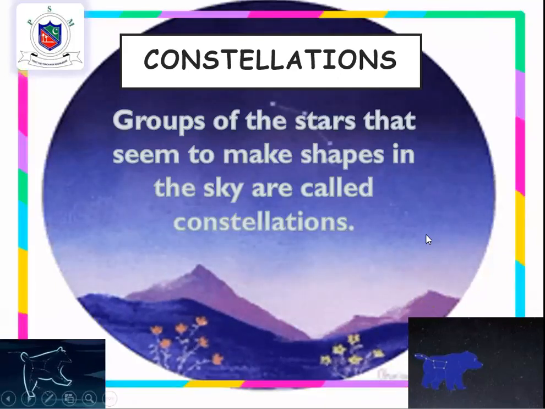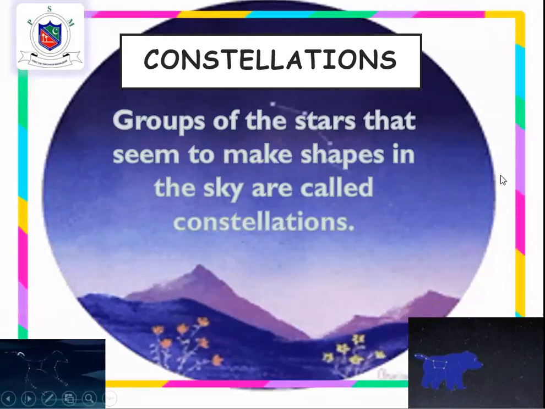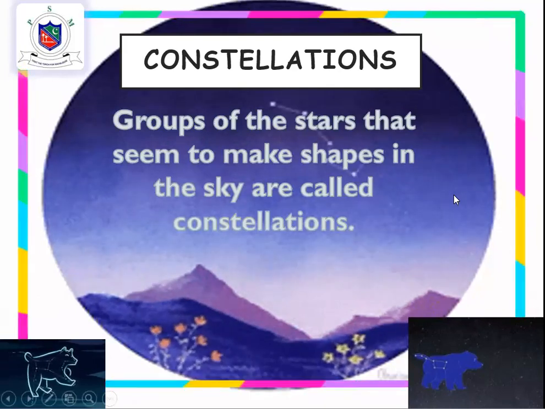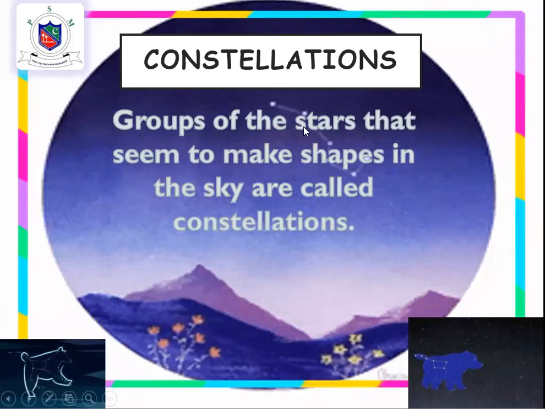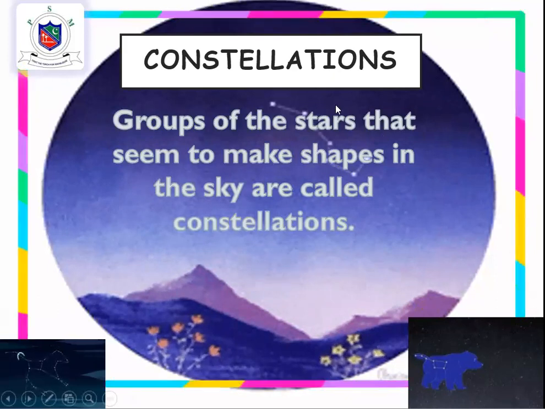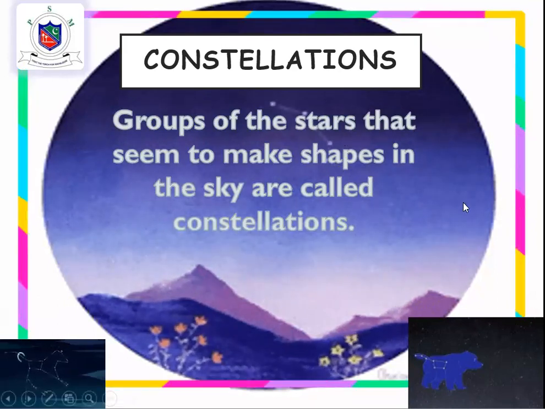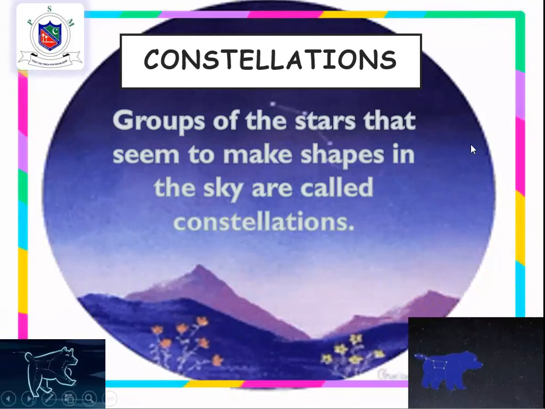The Big Bear. High in the sky in the northern part of the world, it is possible to see a constellation called the Big Dipper. It is made up of 7 stars arranged as shown in the diagram. The lower 2 stars are called pointer stars.